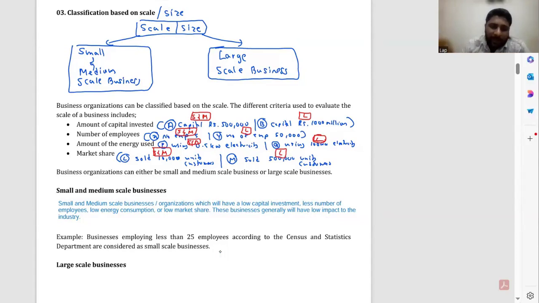Here I have given you an example. Businesses with employees less than 25, according to the census and statistics department of Sri Lanka, are considered as small scale businesses. That is just an example, people, I have given.